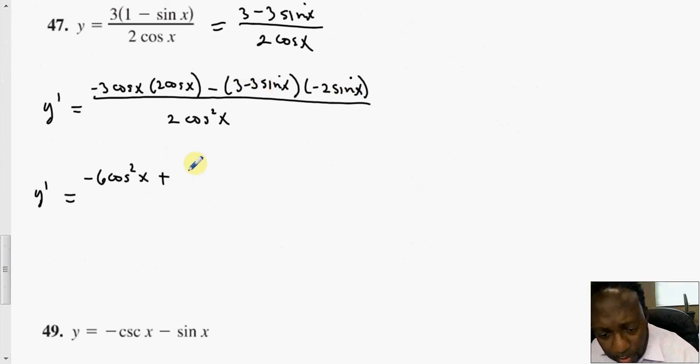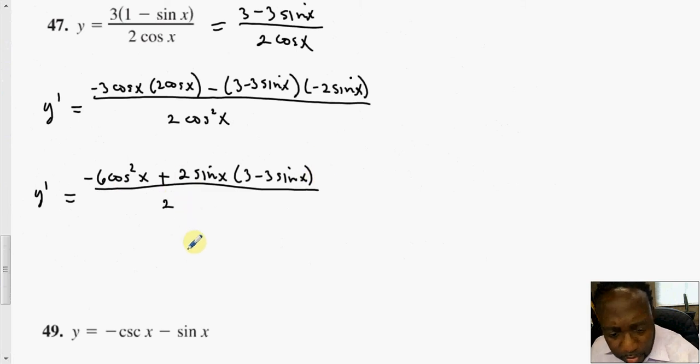Let's just write it like this first so I don't throw you off. This is 2 sine x times that 3 minus 3 sine x all over 2 cosine squared x.